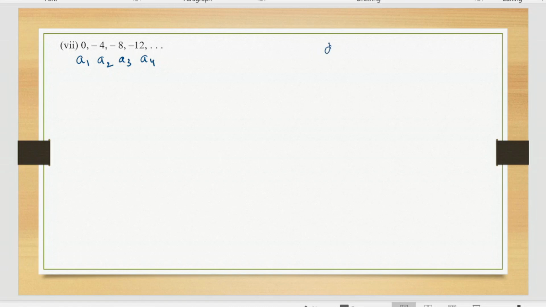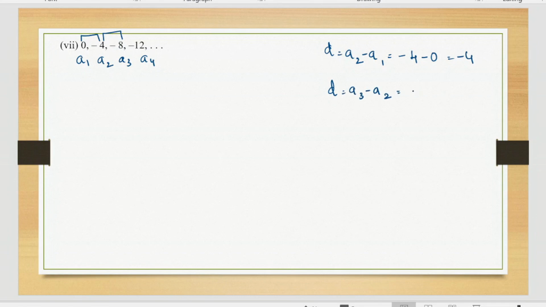So D is equal to A2 minus A1. This is the common difference for the first two terms. You will get A2, the second term, which is minus 4, minus A1, which is 0. So which is minus 4. So next let us find the common difference between A2 and A3, which is A3 minus A2.